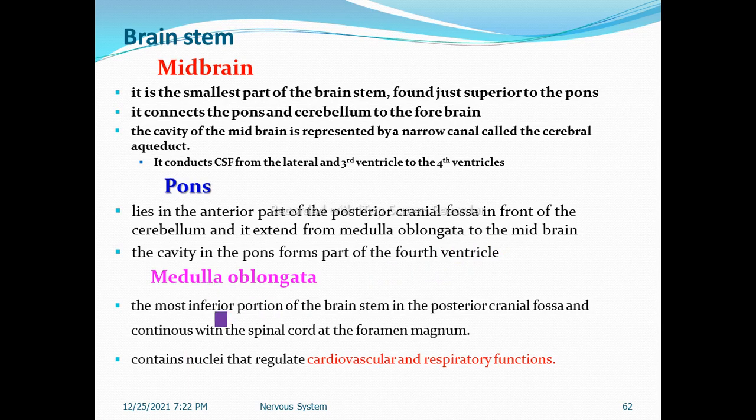The most inferior portion of the brainstem is the medulla oblongata, in the posterior cranial fossa, and it continues with the spinal cord at the foramen magnum. The foramen magnum is the boundary separating the medulla oblongata from the spinal cord.